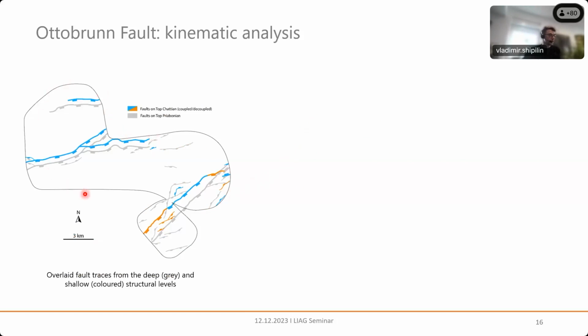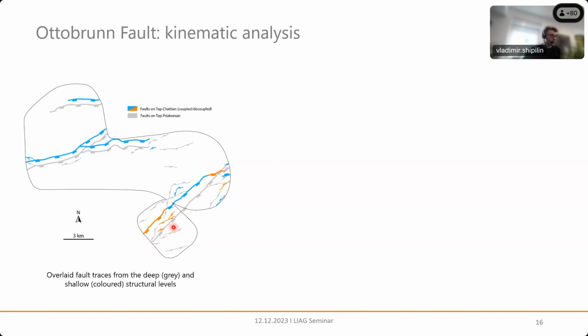So what we see here is an overlay of fault traces from the deep structural level, which is represented by top Preabonian, and these are color-coded as gray.